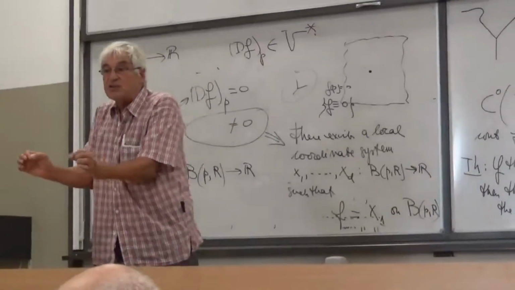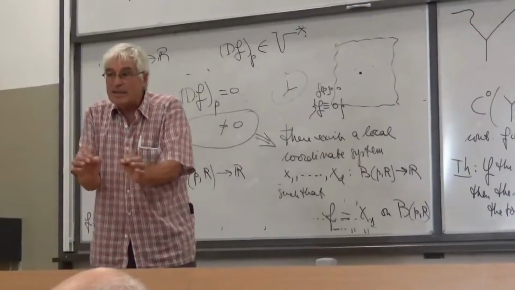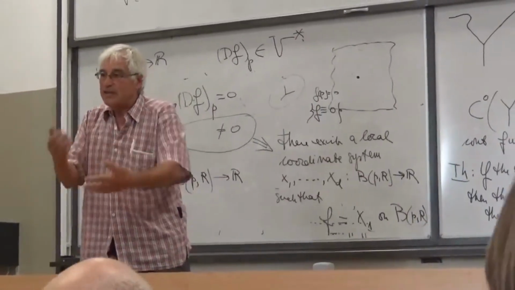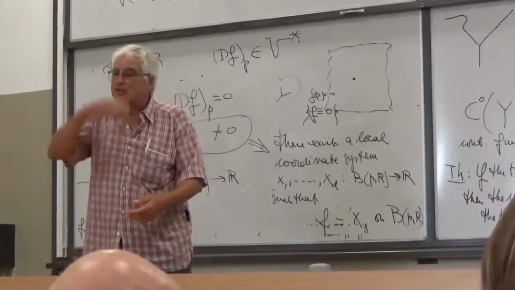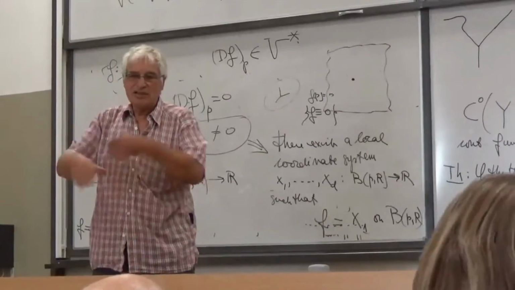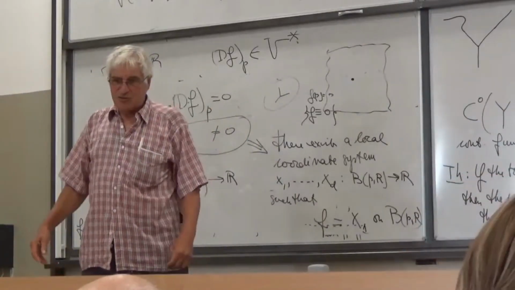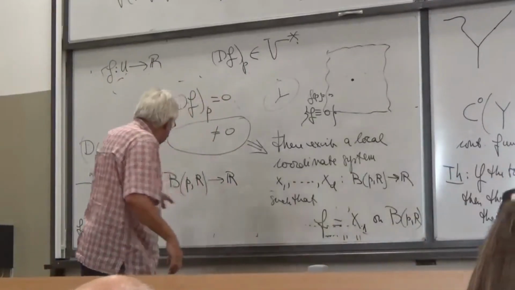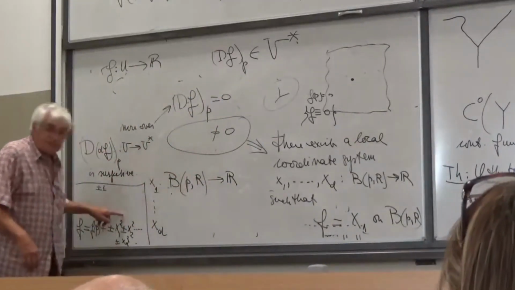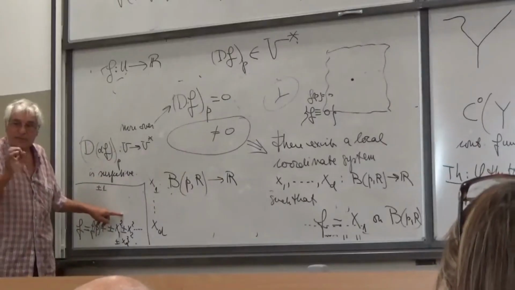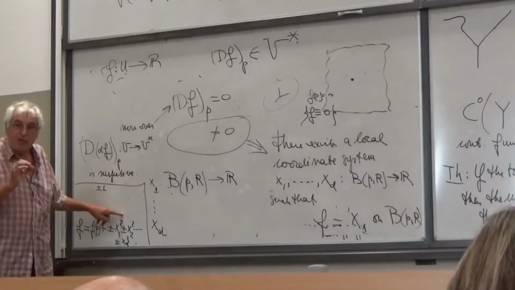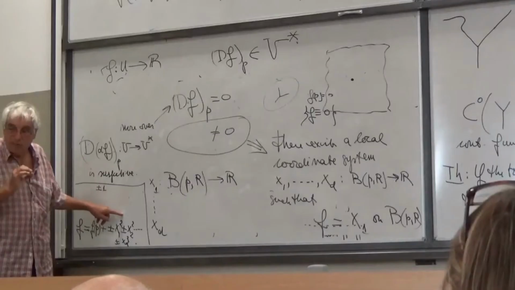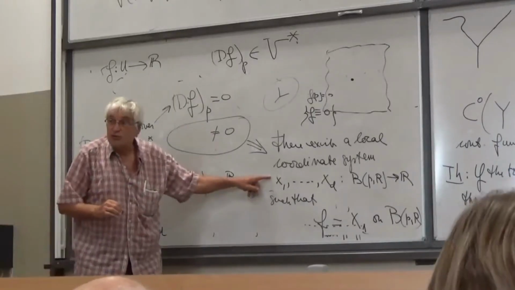So there are many functions doing this. And this is something which is basic. It's called Morse theory. It's a huge generalization with an infinite story behind it, but the basics is that you can reduce to an expression involving only finitely many numbers and well-chosen coordinates.